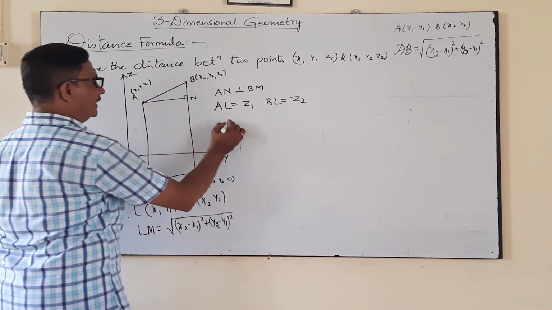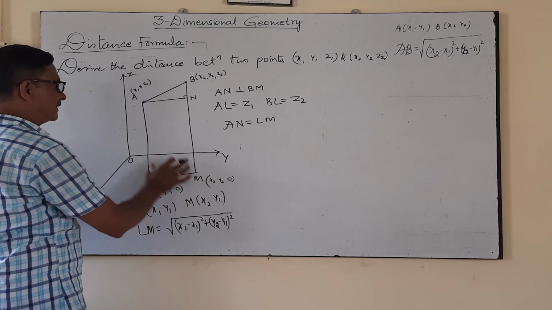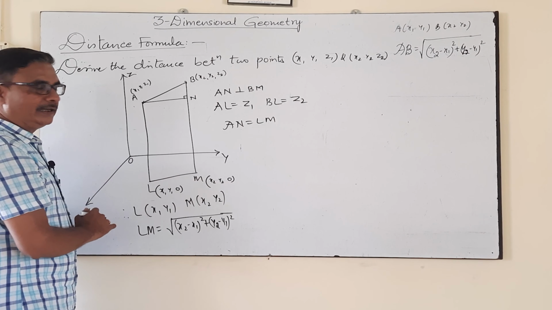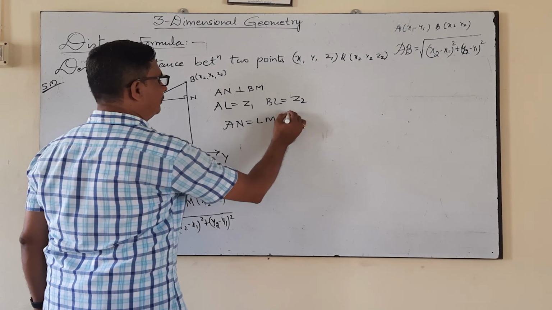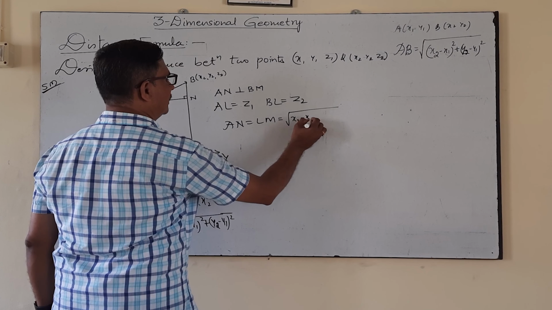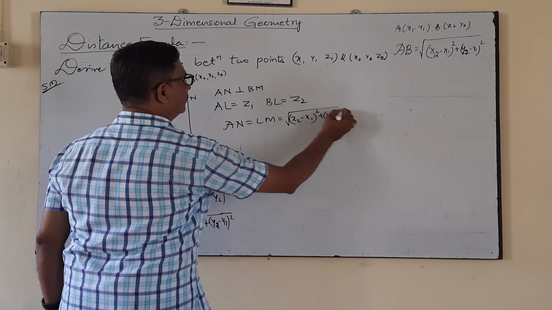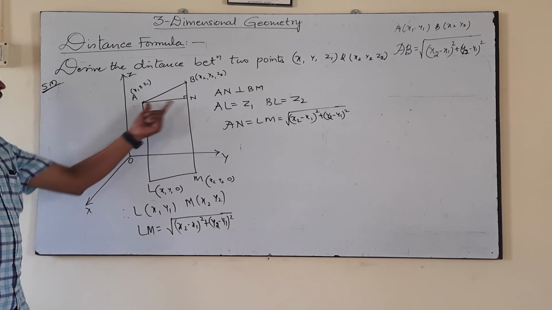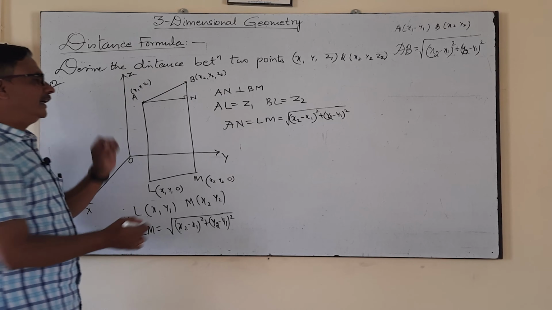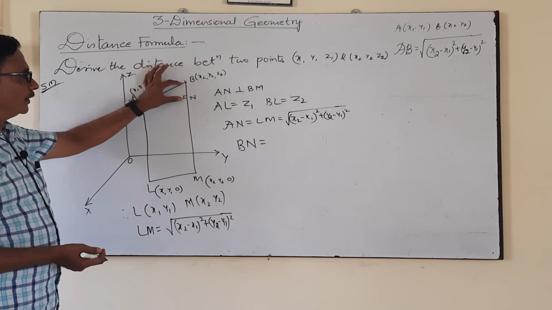Then AN is the same as LM. The length of AN is nothing but the length of LM, and you know the value of LM: square root of (x2 minus x1) to the power of 2 plus (y2 minus y1) to the power of 2. We got AN. Similarly, to find BN from the figure, how to calculate?